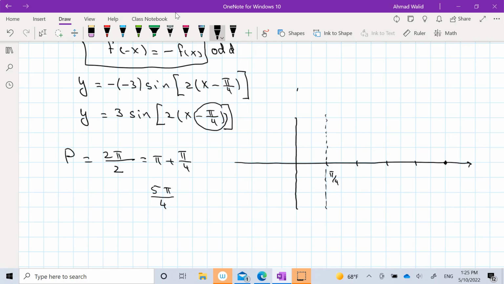It means this point is 5 pi over 4. Again, when you average, 3 pi over 4 will be the center, correct? Pi over 2 will be the first quarter, and pi will be the third quarter.